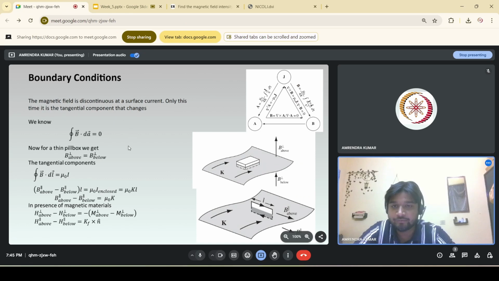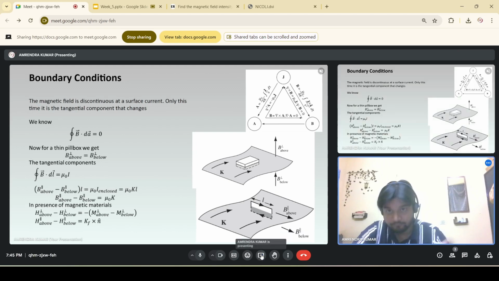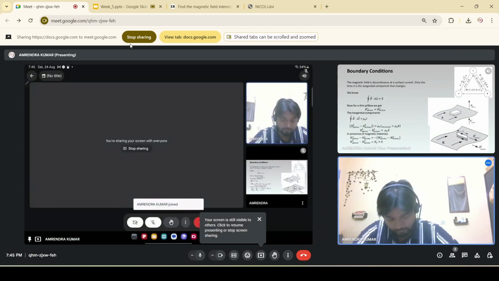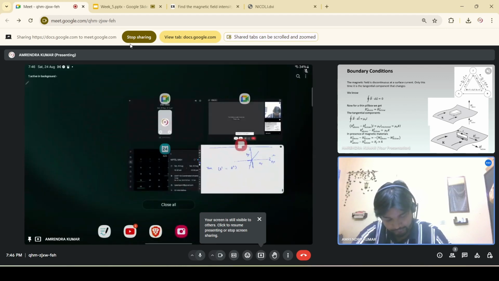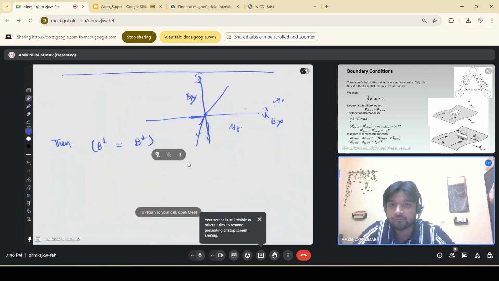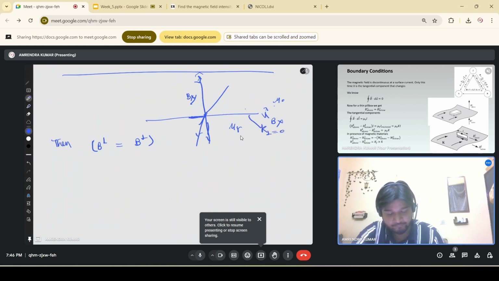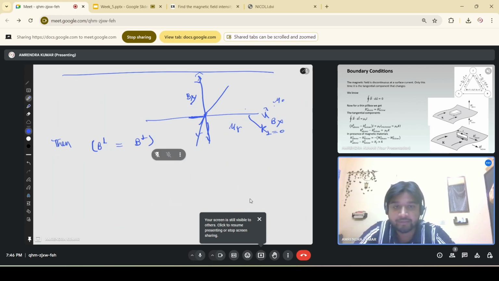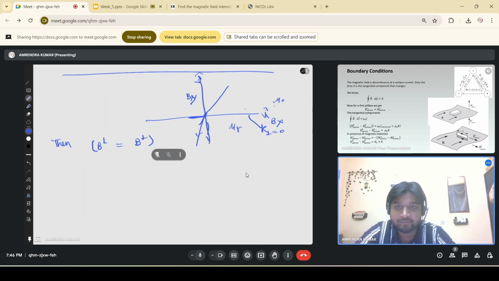So what we are going to do is the following. There is no free current at the surface, it's zero. So we can go back to the boundary conditions that we have.